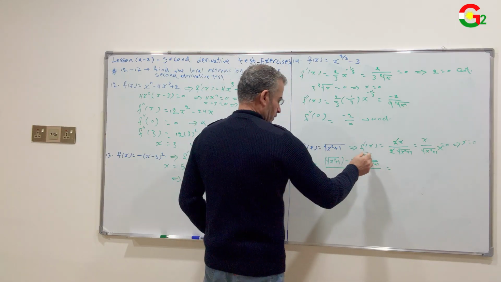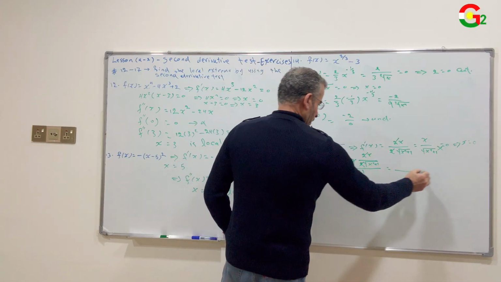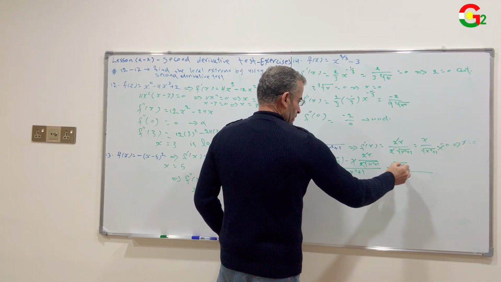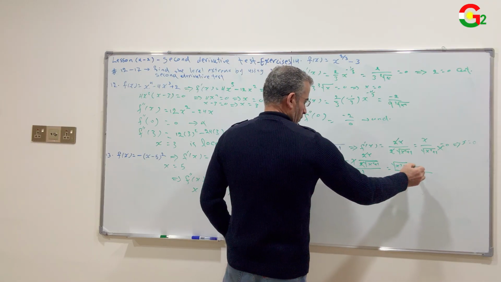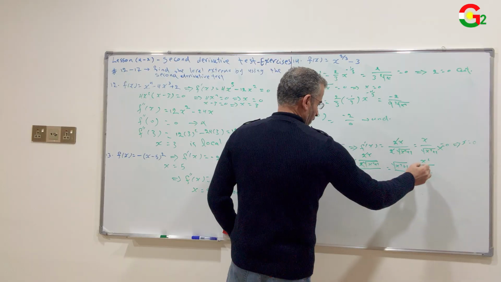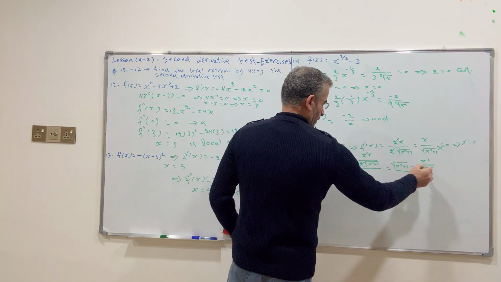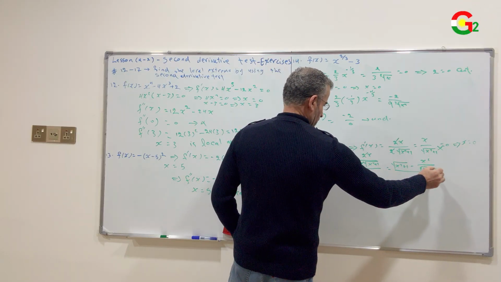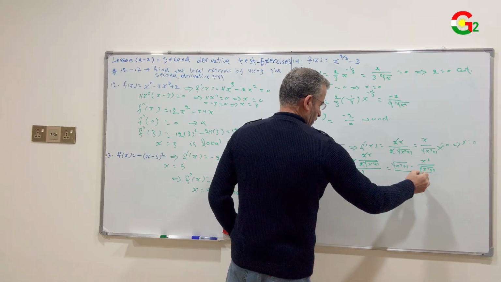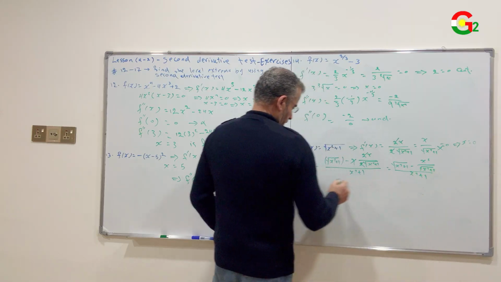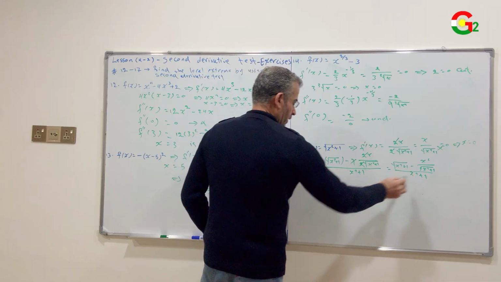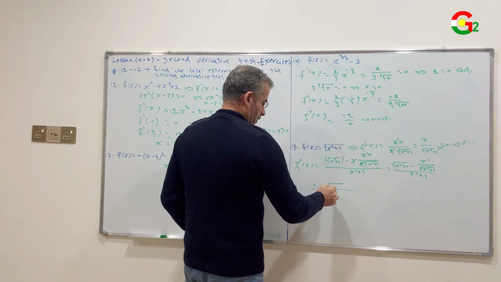Equal to, reduce 2 with 2, then square root of x squared plus 1 minus x squared over square root of x squared plus 1, over x squared plus 1. Equal to, find the common denominator for the two terms in the numerator.